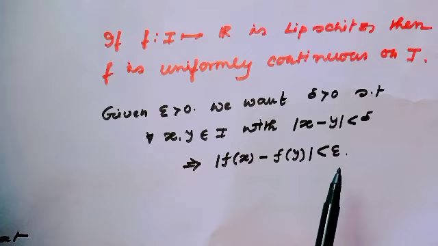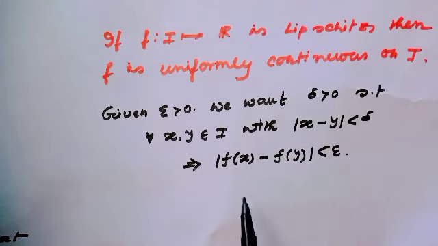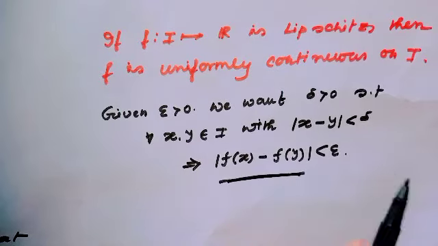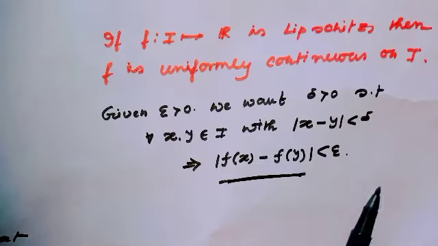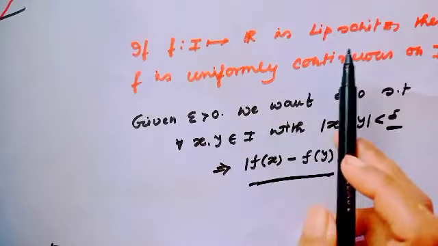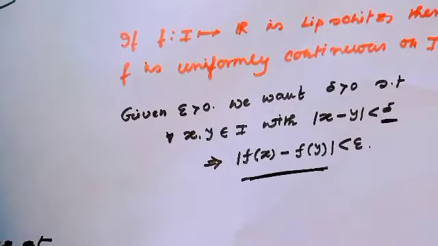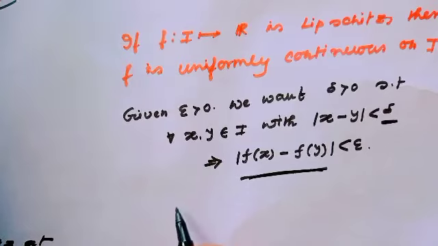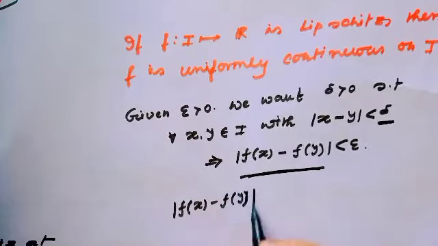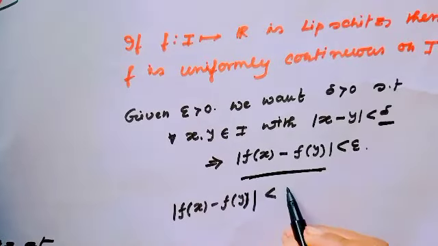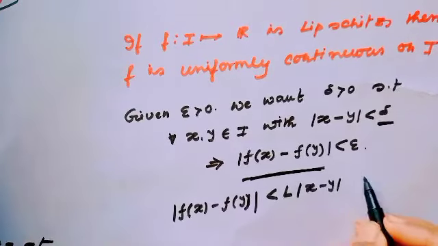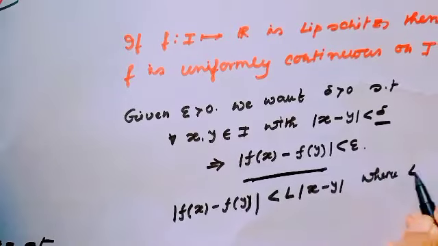And I will usually start from here and, after back calculation, I will find the value of delta. Since the function is Lipschitz continuous, the difference of the output f(x) minus f(y) will be less than L times the difference of the input, where L is greater than 0.